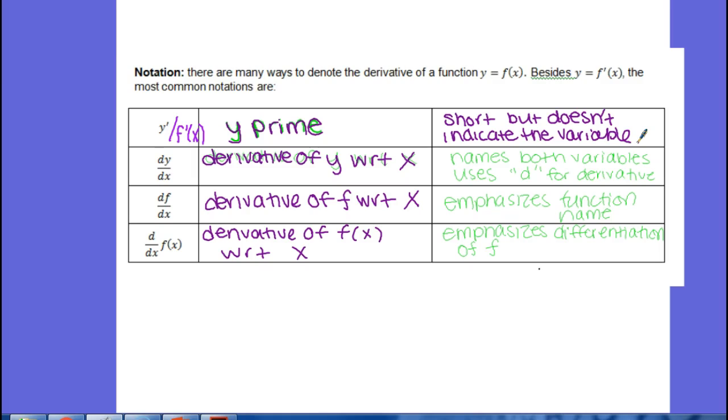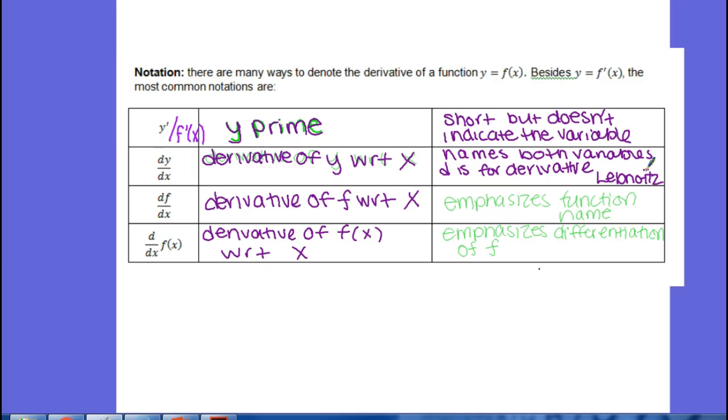So dy dx names both variables, where the d stands for derivative. This is also Leibniz notation.